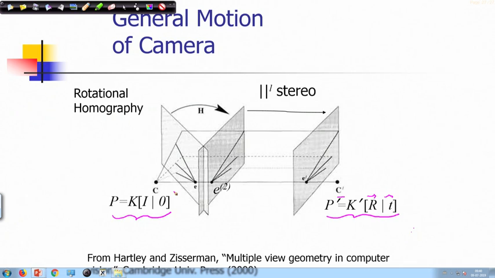So, under this situation, how we can compute this depth is what we would like to discuss. Now, there is a very simple way by which you can map this problem to a parallel stereo problem and use the previous relationships that we derived. So, what can we do?